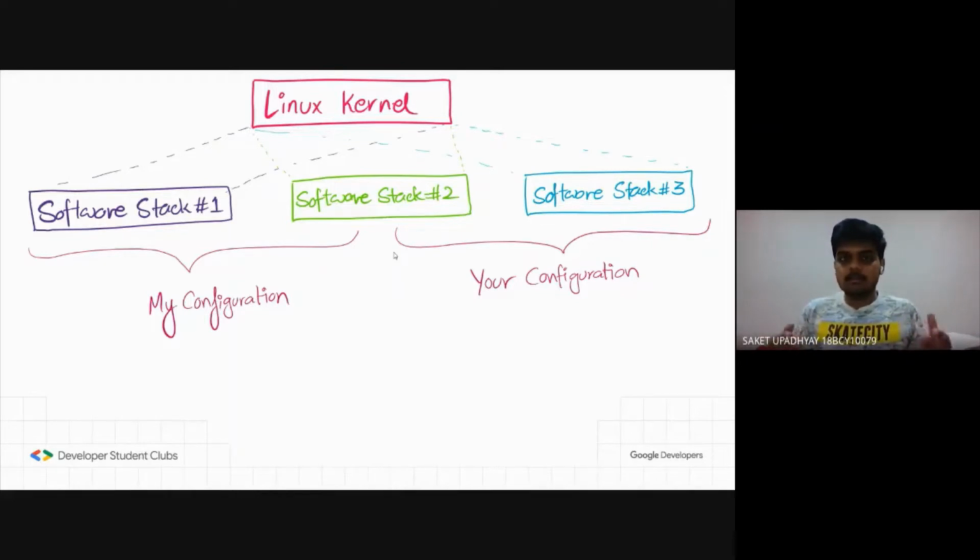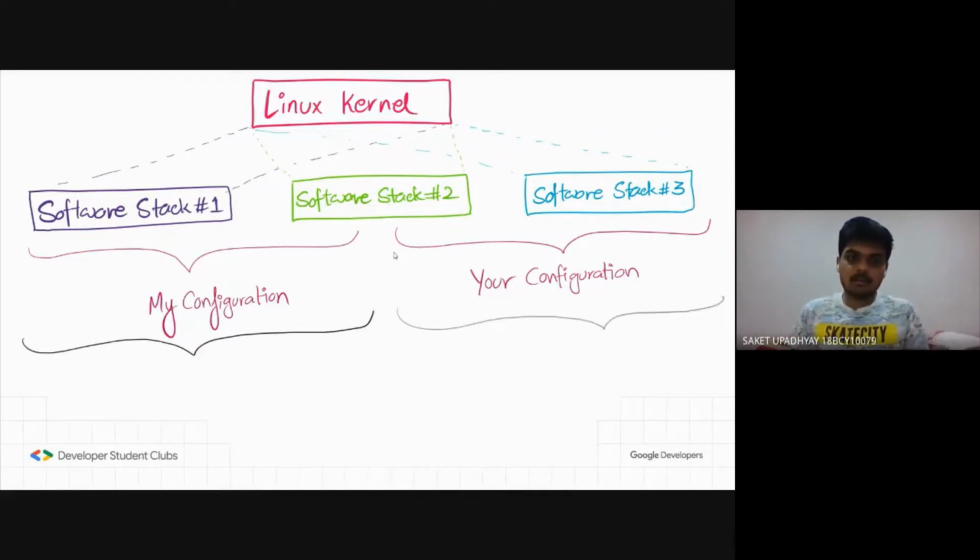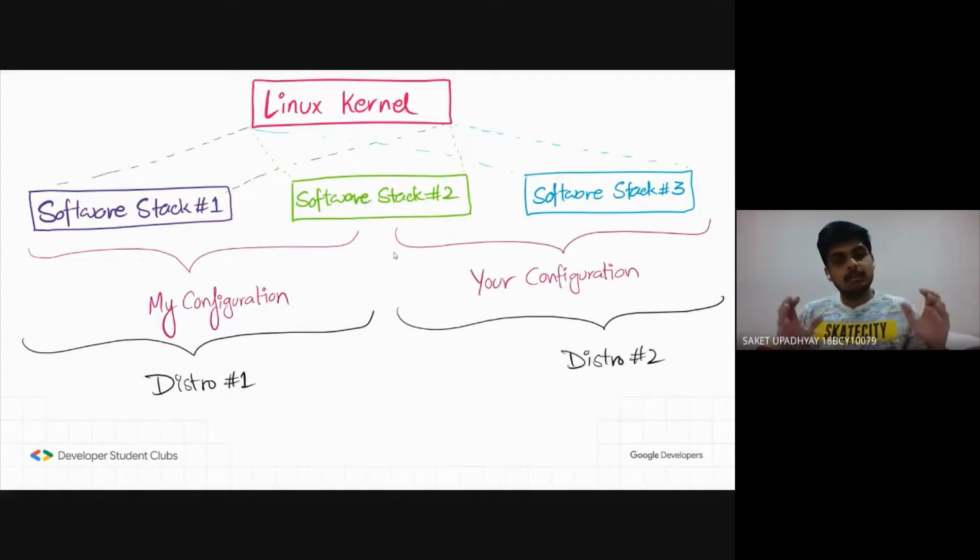Now, these configurations are actually your Linux distros, or distributions. So all my configuration, everything that I need in an operating system, I collected over a Linux kernel. I can call it distro one, Saket OS, Sackware OS, anything like that. Say Abhijit wants different things.